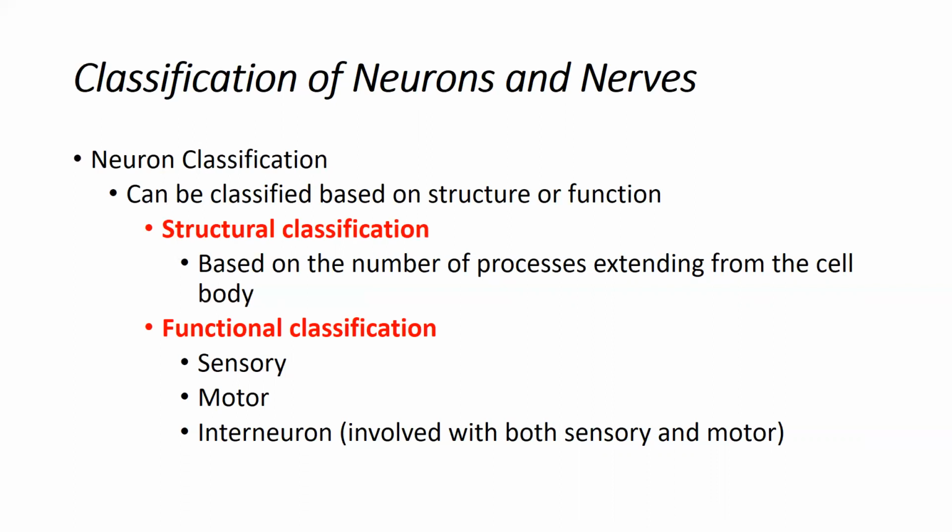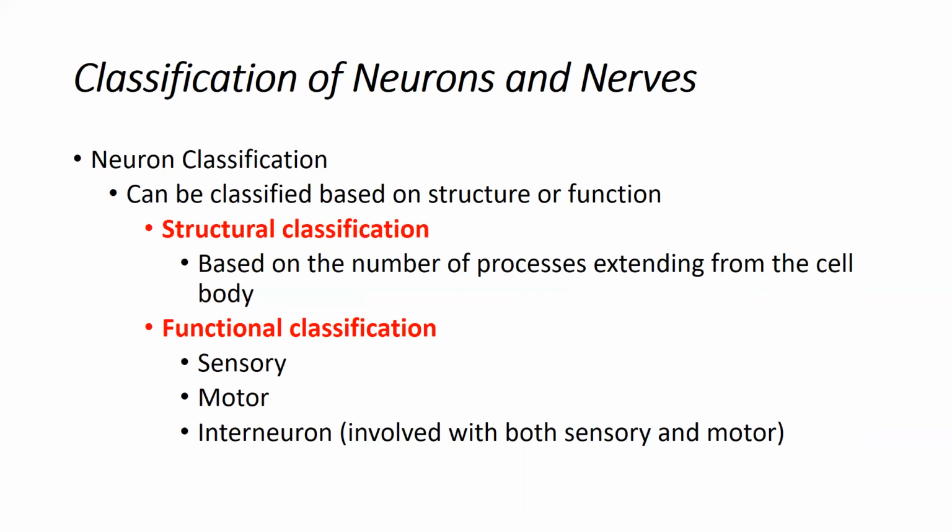On this basis, we can have a unipolar neuron, which has one process. We can have a bipolar, we can have a multipolar, we can have pseudopolar neurons. And that is basically how many processes extend from the cell body. We're not really focused or interested too much in structural classification. What we're really focused on is the functional classification that has more meaning for us.